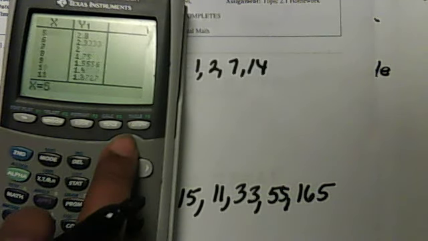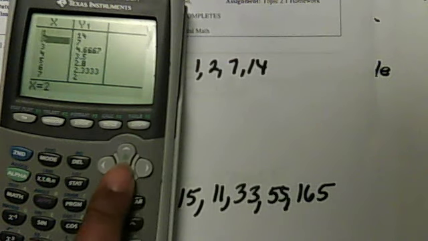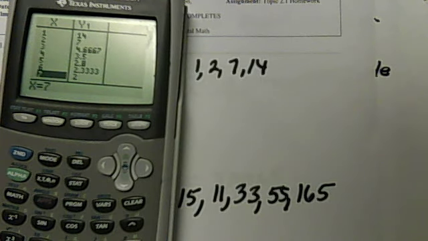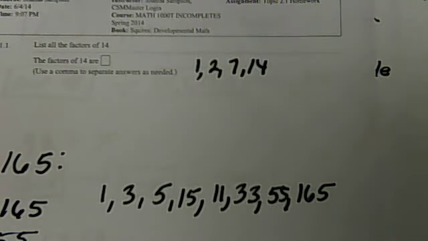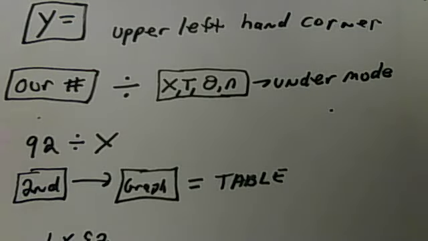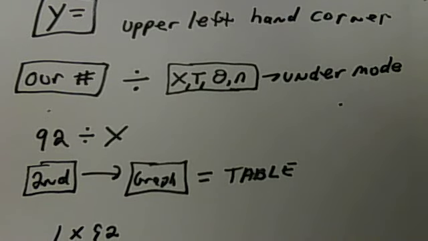I see 1 and 14, 2 and 7, and when I go down I see 7 and 2 again, so I realize that I've gotten all of my numbers. So that's how you list the factors in your calculator, so you don't have to do them by hand. And here were the calculator steps if you need to copy those down.